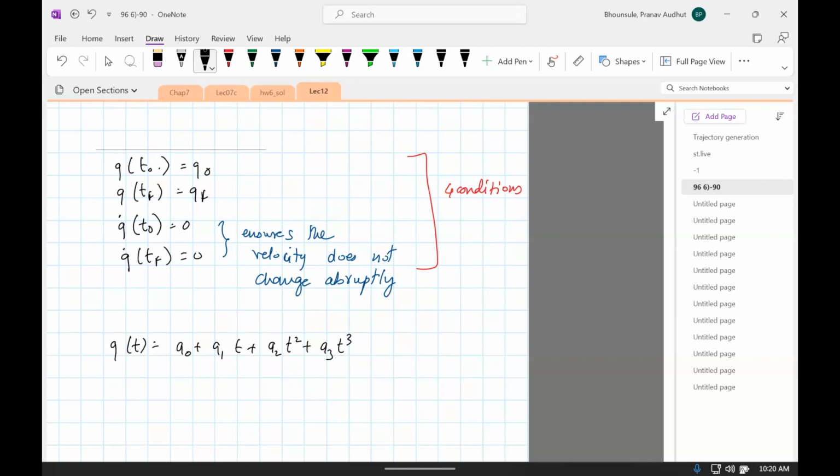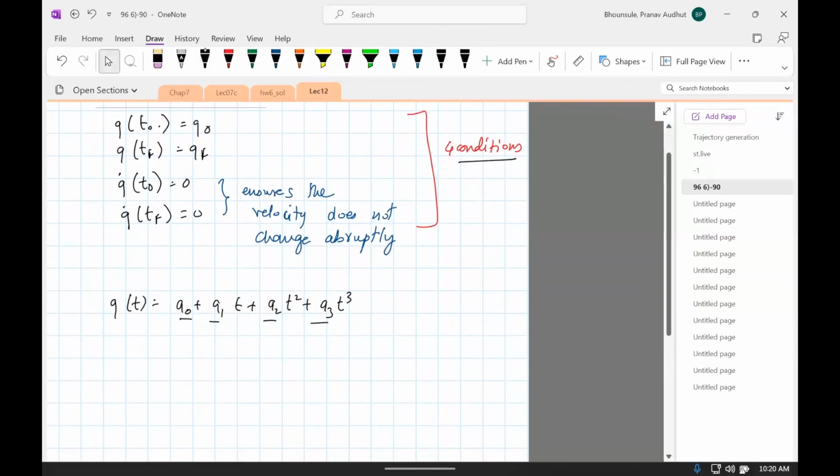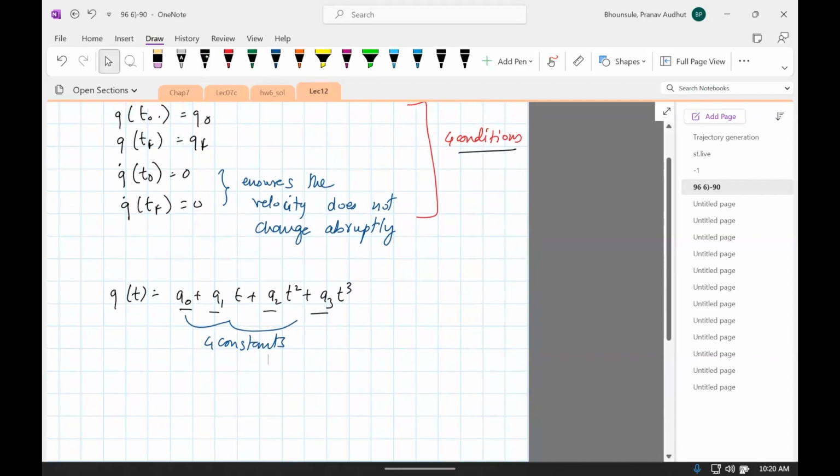Third order equation, 4 constants, which can be used to solve for the 4 conditions. So 4 equations, 4 unknowns, and we'll solve for those 4 unknowns.